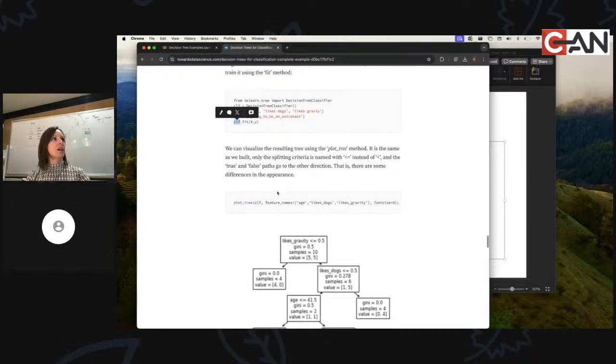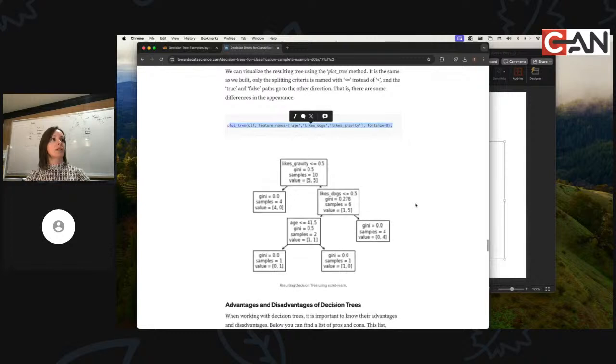And you can plot a tree. You can actually, in sklearn, visualize what that tree looks like. And it will tell you your Gini at each of these splits and how many samples existed at each split. And the top one tells you what the feature is you're splitting on. So we're splitting on likes gravity.